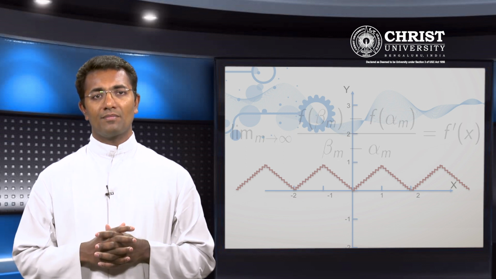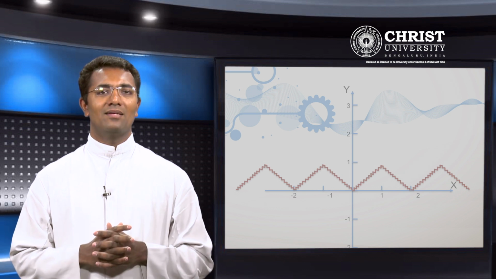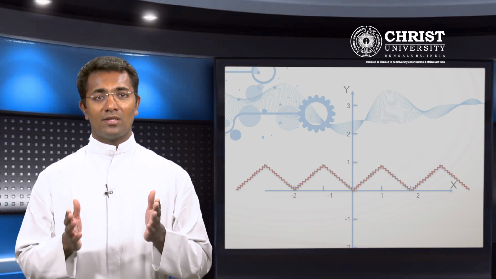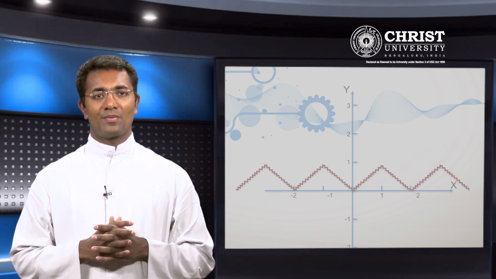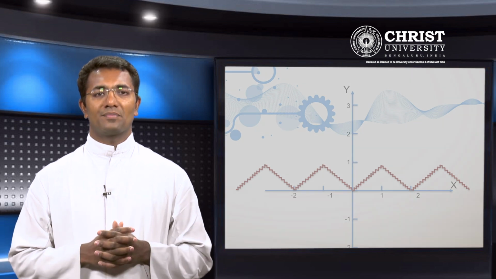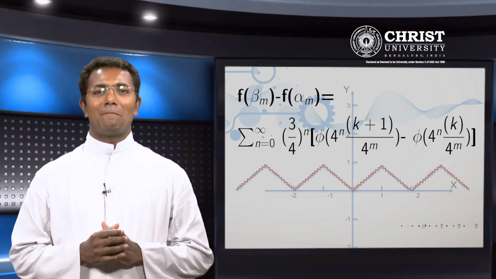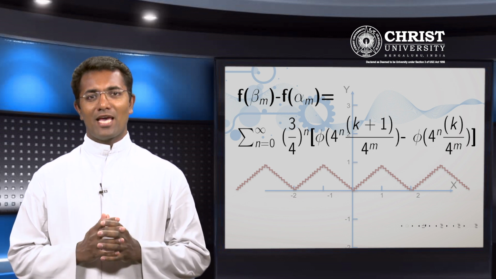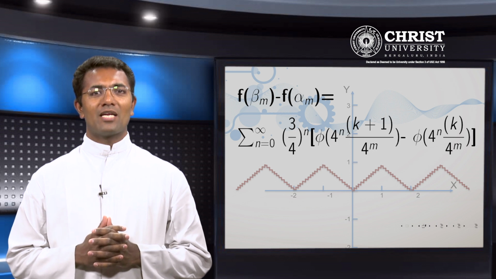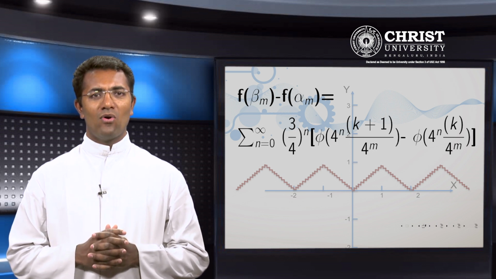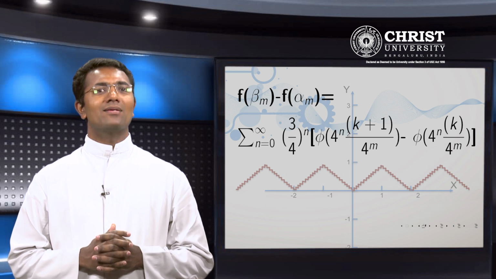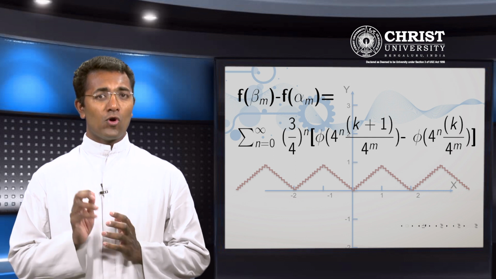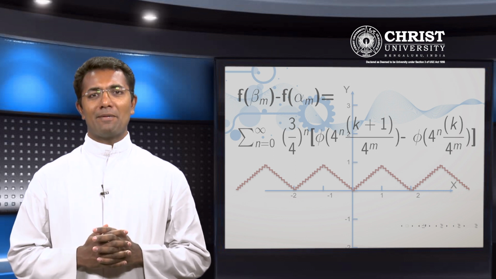of x. This is purely theoretical. In this particular case of alpha sub m and beta sub m, let us evaluate whether this would exist or not. This is the final stage. f of beta sub m minus f of alpha sub m is equal to summation n varying from 0 to infinity 3 by 4 power n into phi of 4 power n into k plus 1 upon 4 power m minus phi of 4 power n into k upon 4 power m.